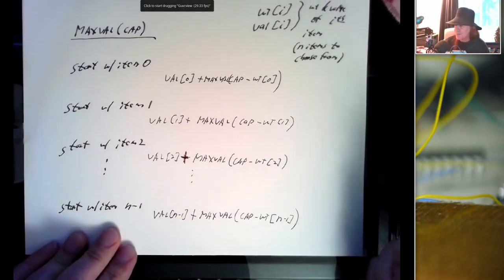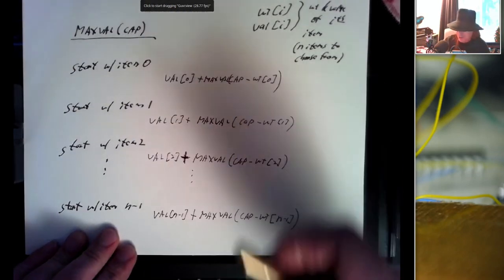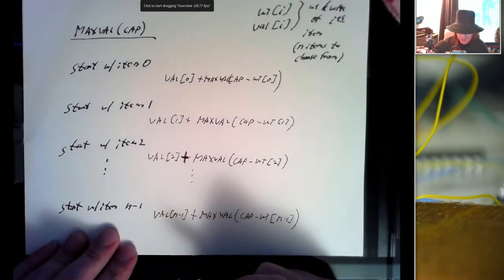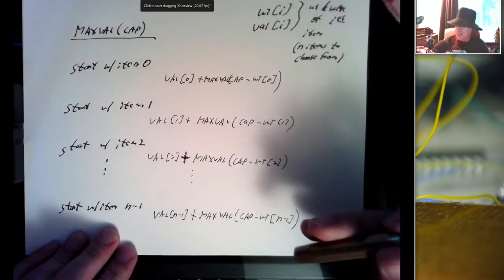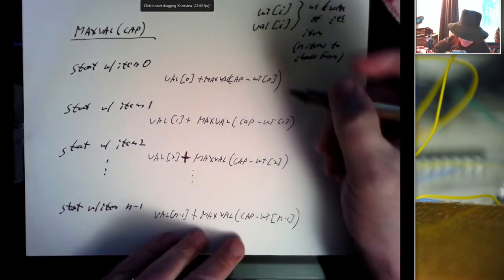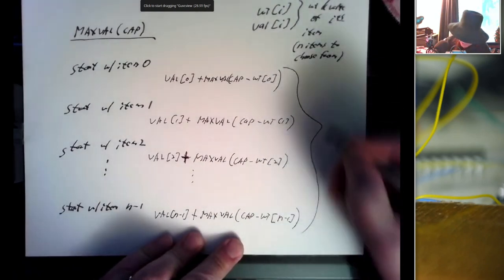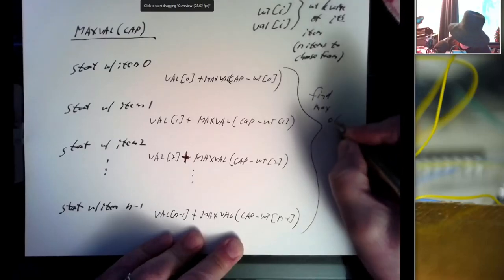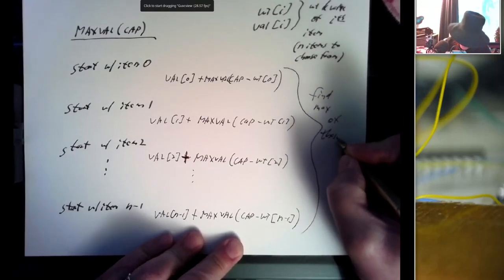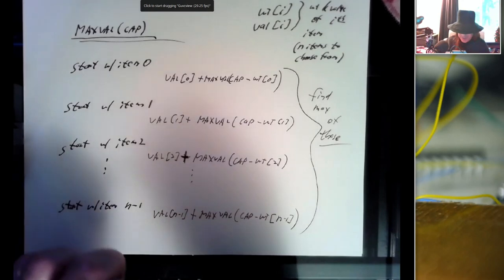We have to start with some item, either item 0, 1, 2, 3, 4, up through n-1. And depending on which item we start with, this is the maximum value we can get out of our bag. So we just find the maximum of these, and that's max value of capacity.